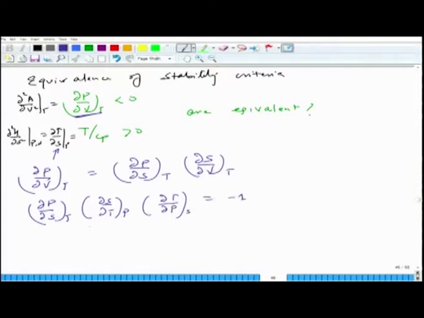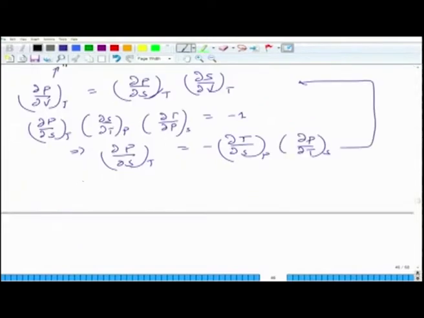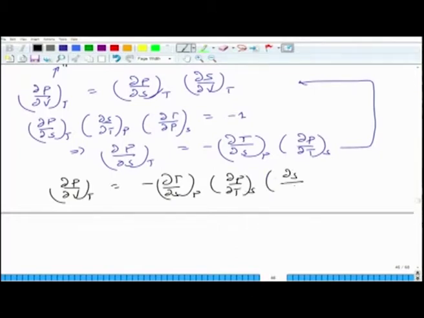Okay, this must be minus 1. So now from here I get del P by del S at constant T. Okay, so with this I plug in here, and this expression can now be replaced by this. So I get del P by del V at constant T is minus del T by del S at constant P, del P by del T at constant S, and del S by del V at T. Okay, so I have this expression.